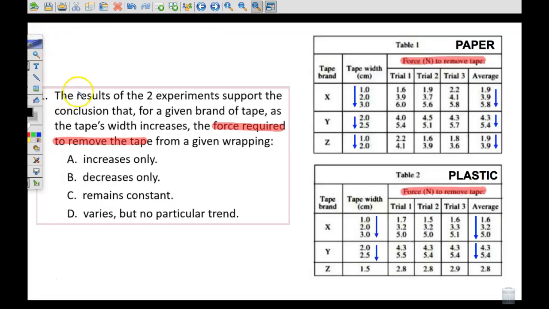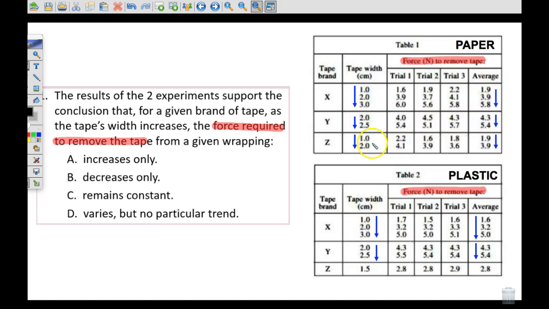In our first question, it asks, the results of the two experiments support the conclusion that for a given brand of tape, as the tape's width increases, the force required to remove the tape does what? So, looking at table 1, we see that as the tape width increases from 1 to 2 to 3, the average force also goes up.